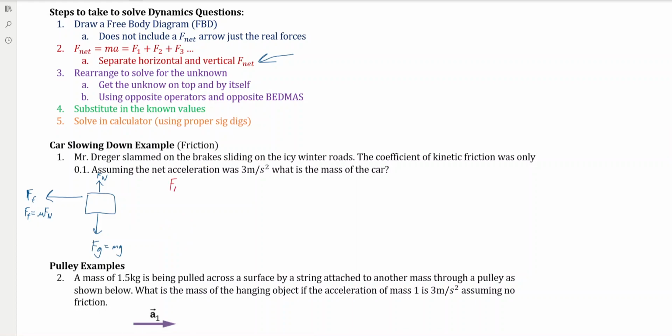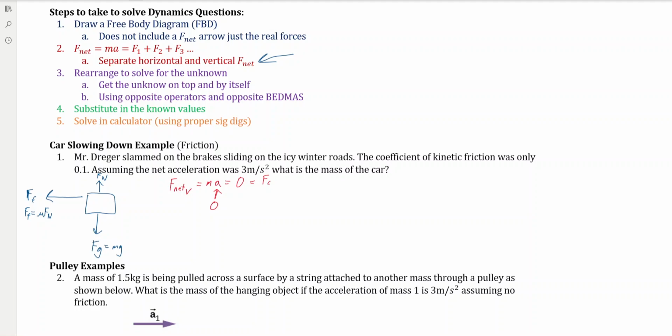F net, I'll say vertical, equals ma. First of all, is it actually accelerating in the vertical direction at all? No. Is it accelerating through the floor or flying in the air? No. So this is just 0 equals all the forces added together.